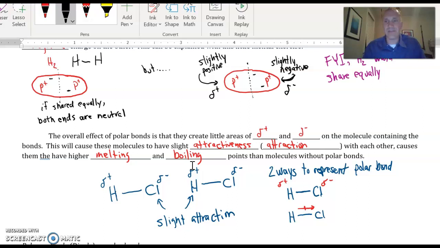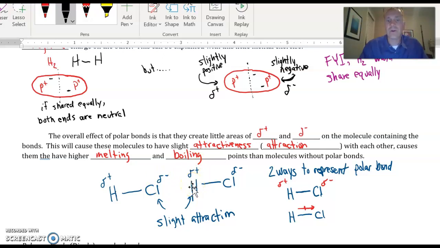So what effect does that have on molecules? One of the major effects of these slightly positive and slightly negative ends of the bonds is that it causes little areas of attractiveness between molecules. Let's say that we have 2 of these molecules side by side, and this end right here is delta negative, and this end right here is delta positive.